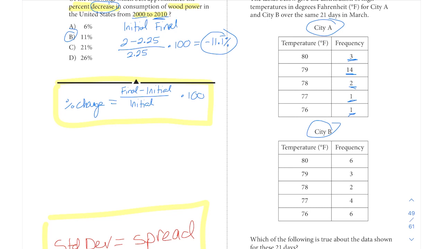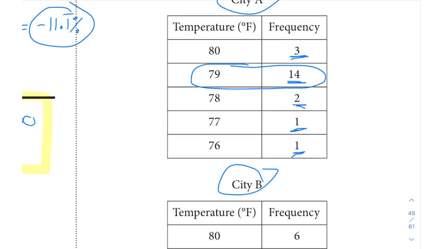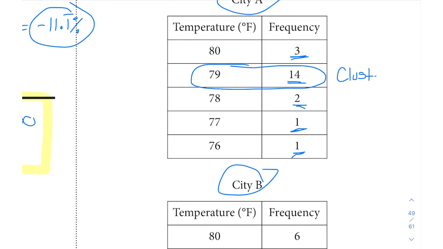So what we want to look for when evaluating standard deviation is we want to look to see frequency-wise if we have any particular result that shows up very commonly. And here we see that with the temperature of 79, it has a frequency of 14, which means that your results are clustered around this particular value.